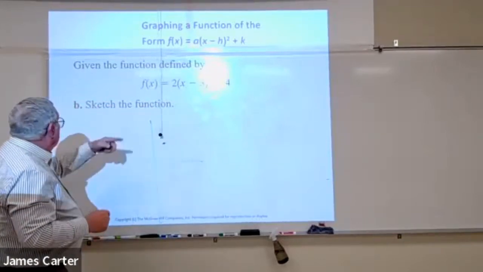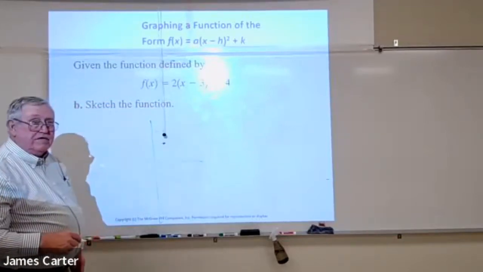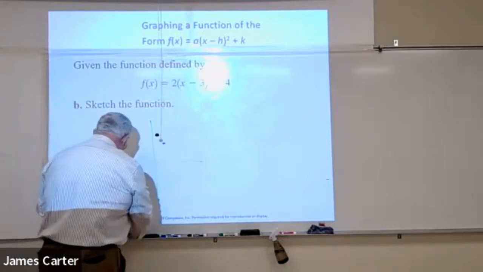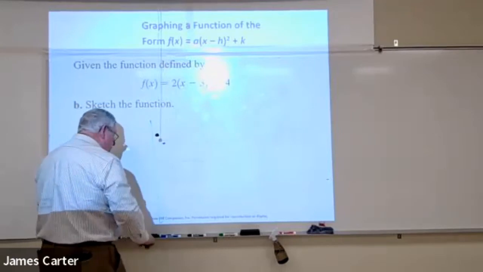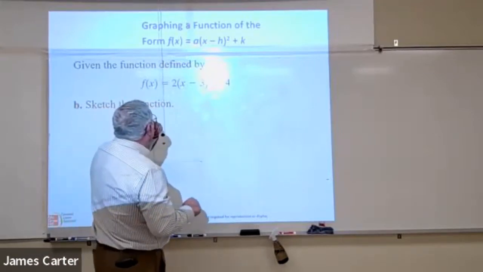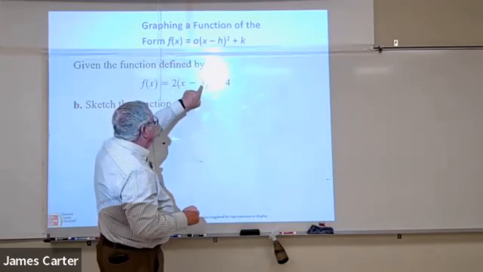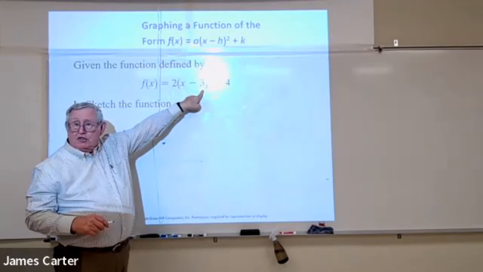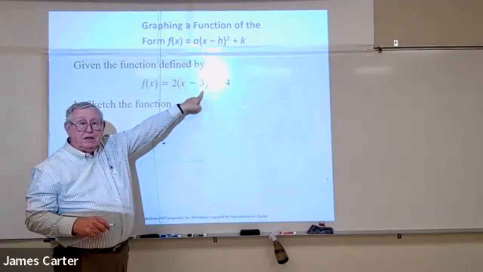Well, there's something else that we can figure out that'll help us. By the way, if you recall, this number, opposite of the sign, this x, is also the line of symmetry.